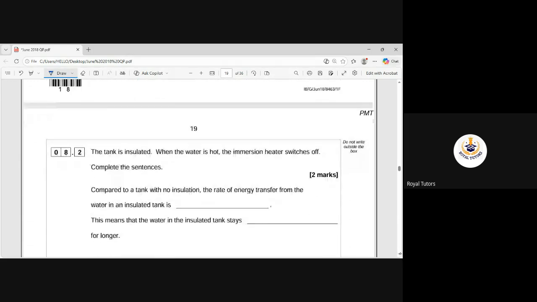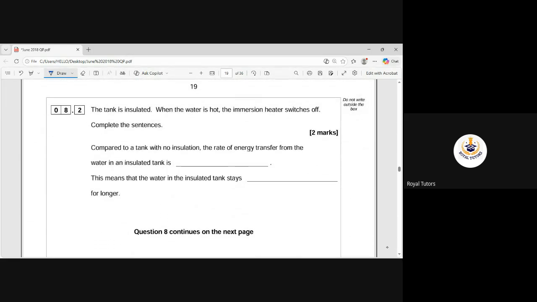The next question says the tank is insulated. So when the water is hot, the immersion heater switches off on its own, just like your normal water heater. Then it says, complete the sentence.